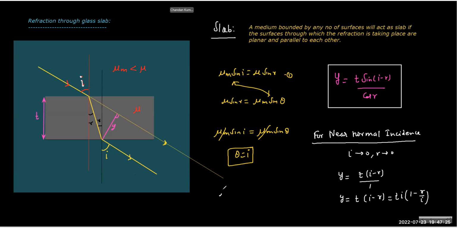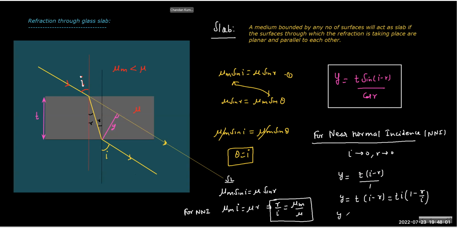So our Snell's law was mu medium sin I equals mu sin R, which for near normal incidence becomes mu medium I equals mu R. And now you know that R by I can be replaced in terms of refractive index.